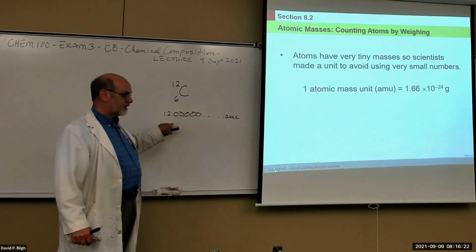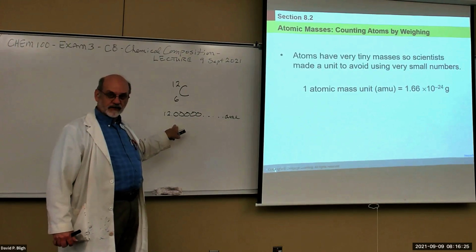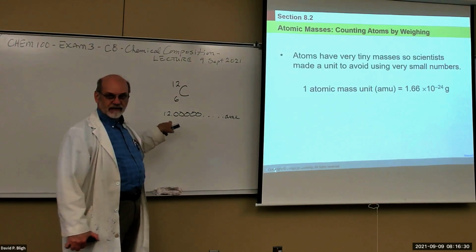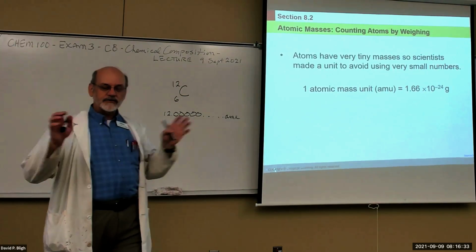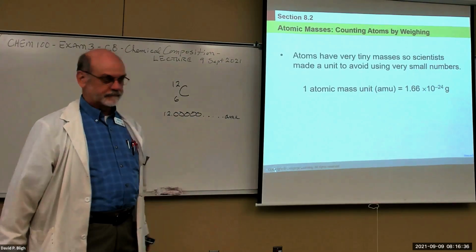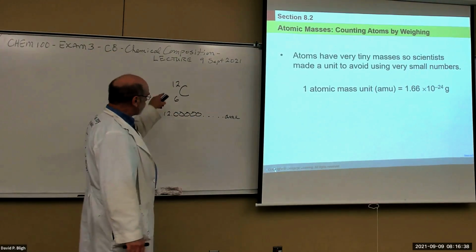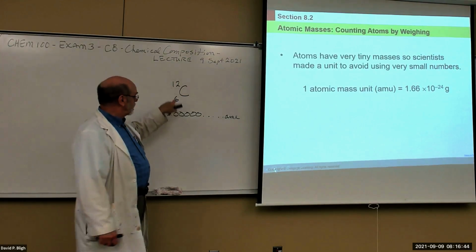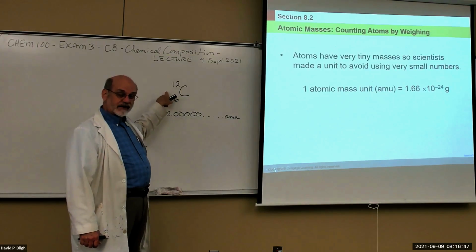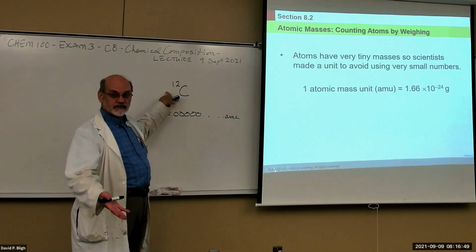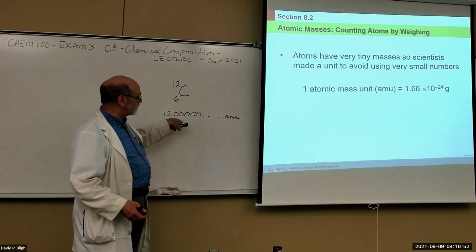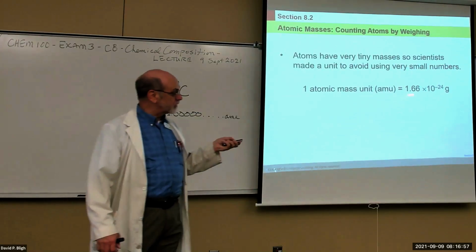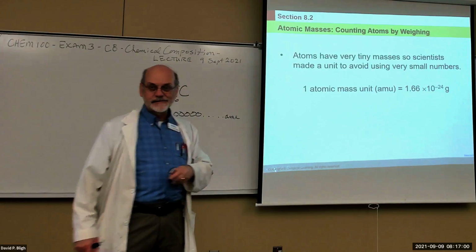It's the only isotope, an atom in the periodic table that has a fixed whole number mass. Everybody else is referenced to that, so they're going to be fractional masses. So if this carbon isotope, this atom, weighs that many units, and we can determine how much that isotope weighs, or what its mass is in grams, then we can associate that with one atomic mass unit, just about 12 into it. And that's where this number comes from.